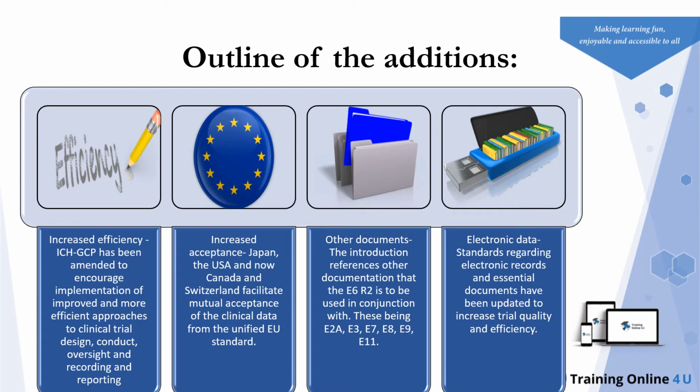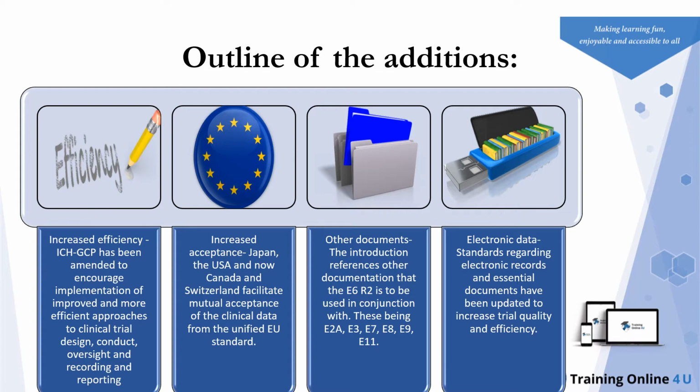Japan, the USA and now Canada and Switzerland facilitate mutual acceptance of the clinical data from the unified EU standard. Thirdly, other documents. The introduction references other documentation that the E6R2 is to be used in conjunction with, these being E2A, E3, E7, E8, E9 and E11.